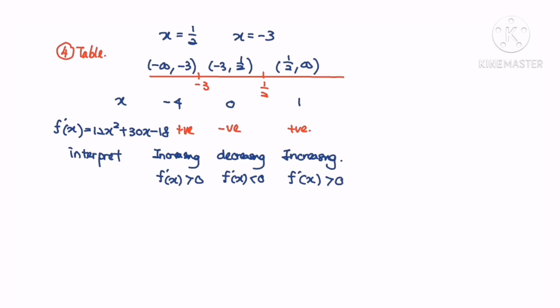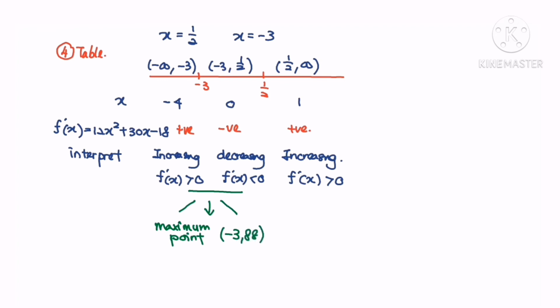Kindly refer to this part. We have increasing, then decreasing. So this part is considered a maximum point. So we have a maximum point which is negative 3 and 88 as the coordinate.